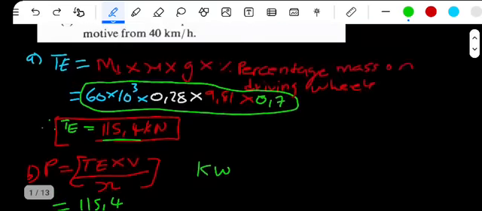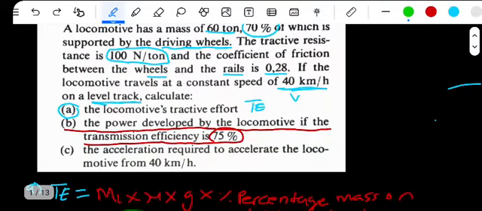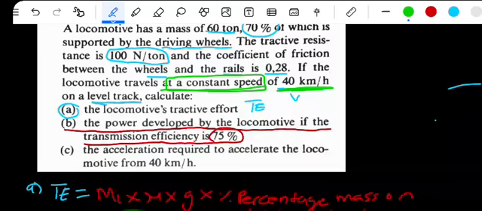We need the velocity. It says travel at a constant. I've said to calculate power, if you have been given a constant, use that formula when you have been given a constant speed. Constant speed and velocity is one thing. It's a constant. Here it is 40 kilometers per hour. Now you're supposed to convert that.